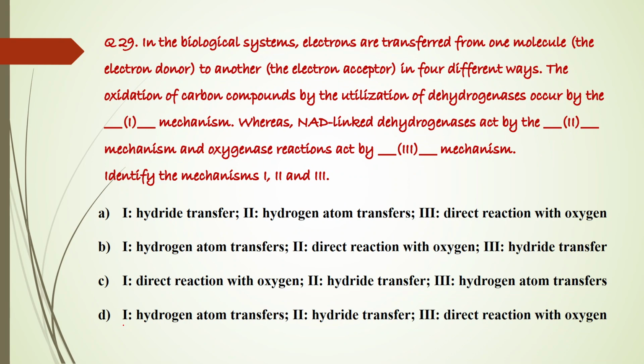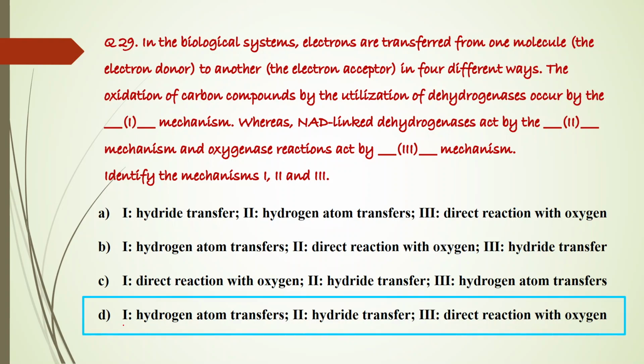This one, question number 29, it says, in the biological systems, electrons are transferred from one molecule to another, basically from donor to acceptor, in 4 different ways. The oxidation of carbon compounds by the utilization of dehydrogenases occurs by what mechanism?